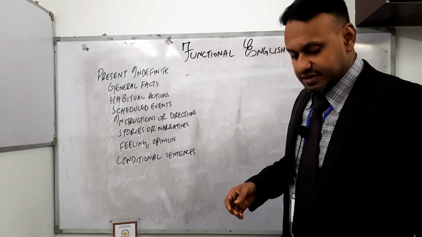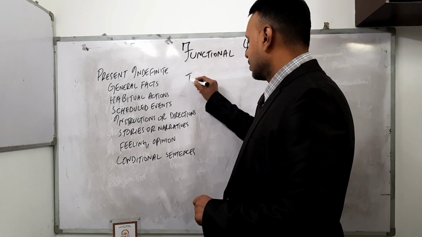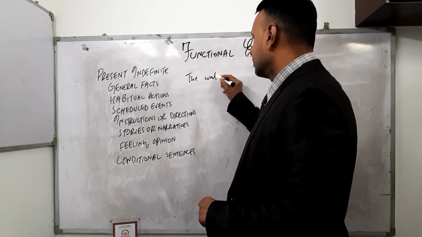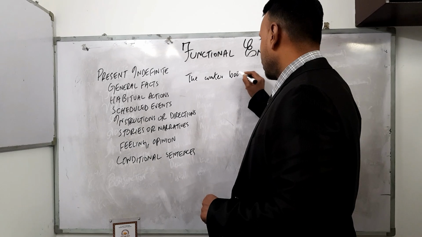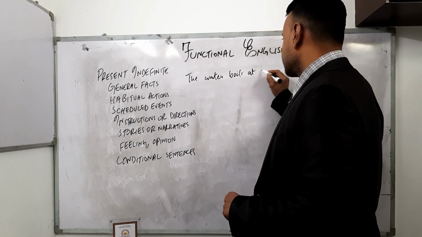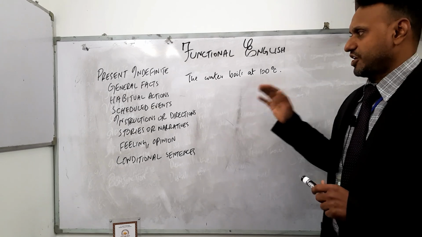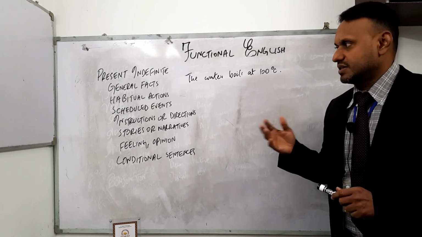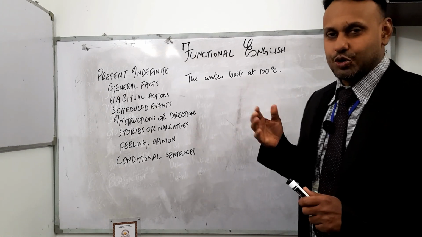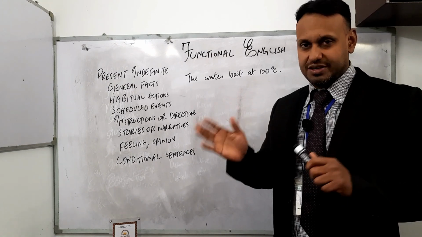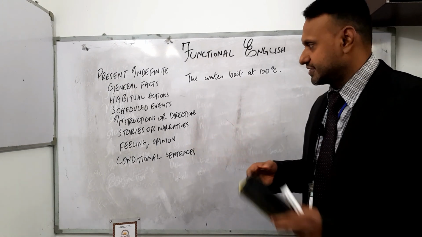If we were to write, say, the water boils at 100 degrees centigrade, that's again a general fact. So we never say that water is boiling, because it will change the context and the meaning of the sentence.